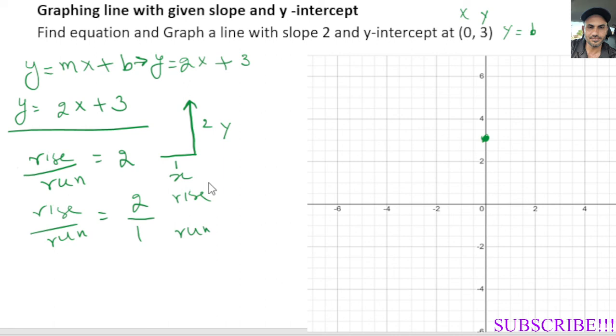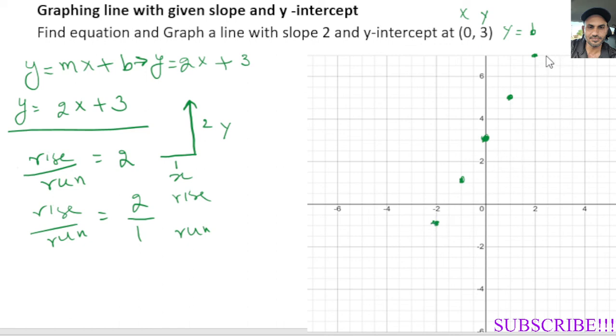Now let's take a look at it. So we're going to go 1 unit to the right, and it's going to move 2 units up. So this would be our next point. 1 unit to the right and 2 units up right here. Similarly, if we move 1 unit to the left, it's going to fall down 2 units. So right here, 1 unit to the left, it's going to fall down 2 units as well.